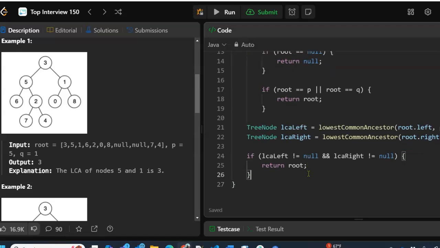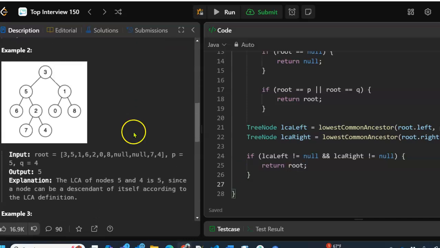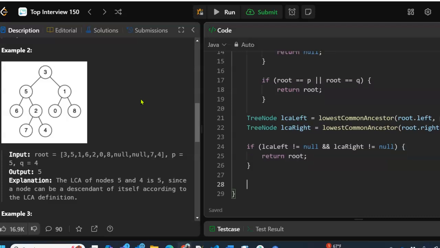Otherwise, we're going to get what happens in example 2. We're going to look at the left subtree, and it is going to return 5, non-null. We are going to look in this subtree. It's going to return null. If only one of the nodes returns non-null, then it is the lowest common ancestor. So let's put that in. If they both return non-null, return the root.